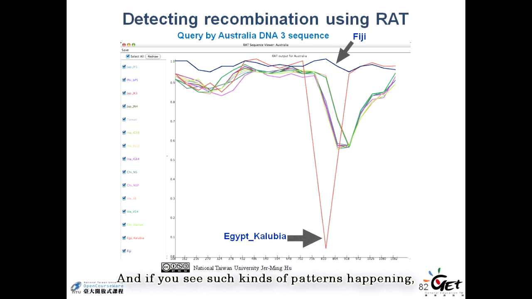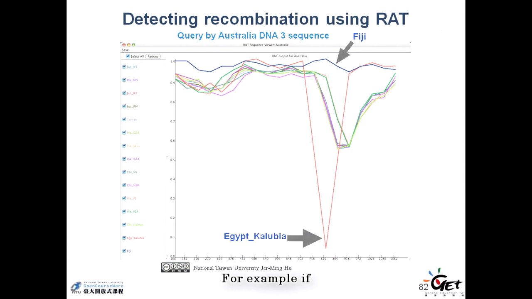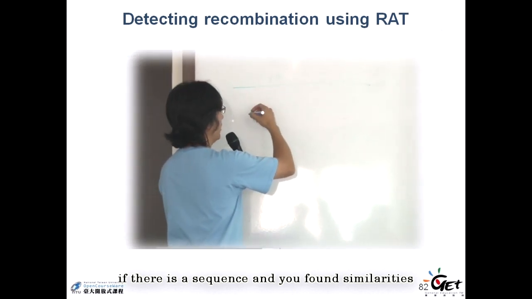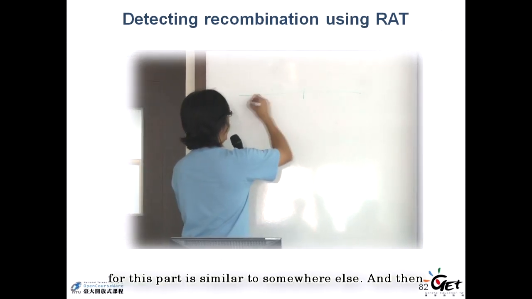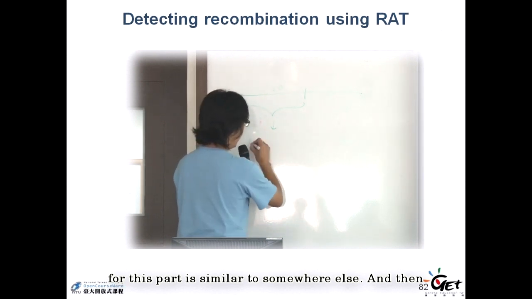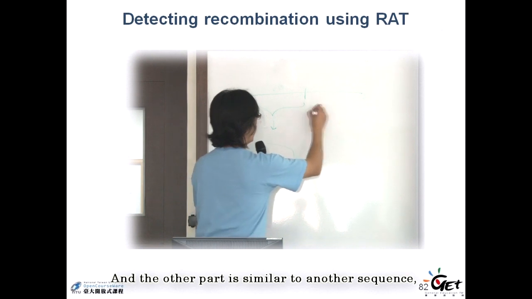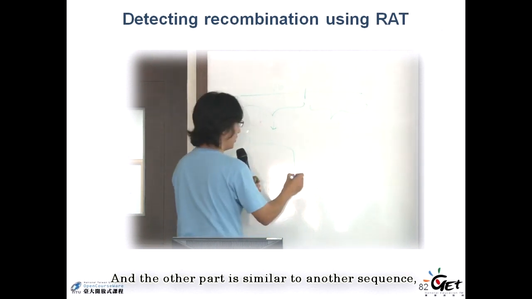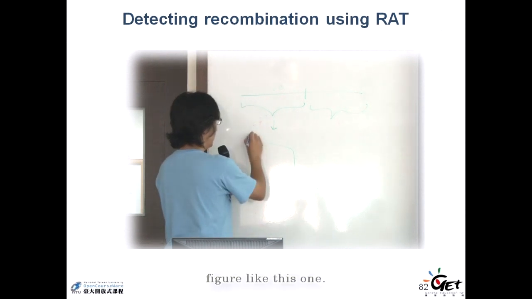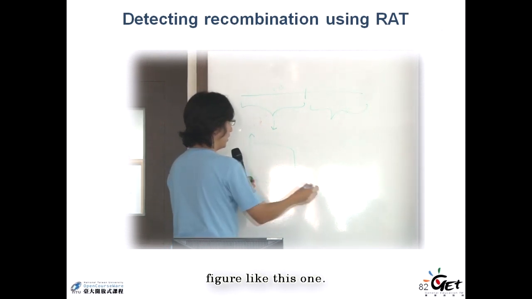And if you see such a pattern, then one way to confirm it is to dissect the sequences. For example, if there's a sequence and you find that this part is similar to somewhere else, and the other part is similar to another sequence, you will probably find a similarity figure like this one.